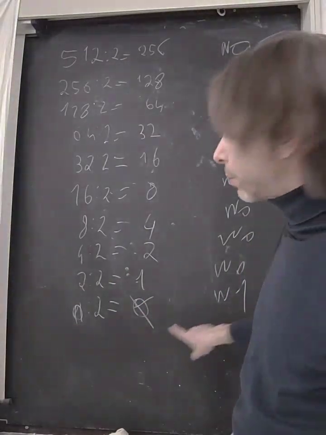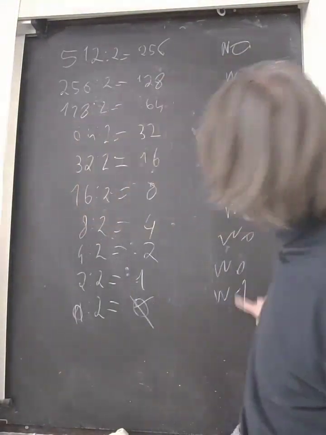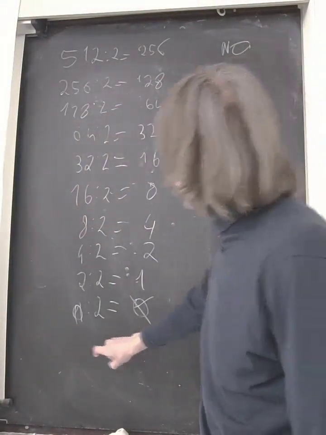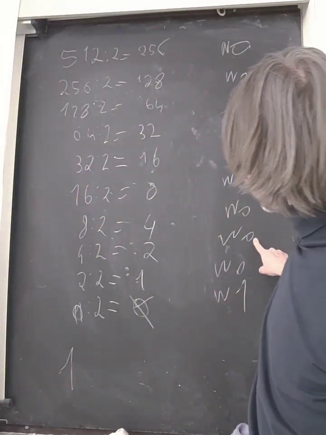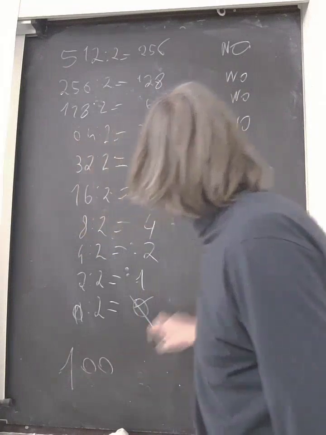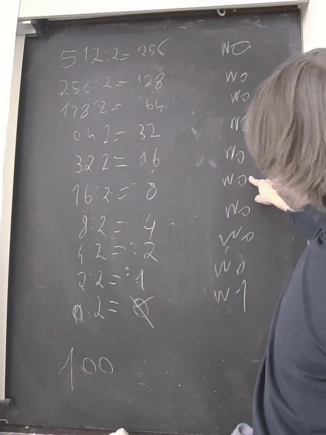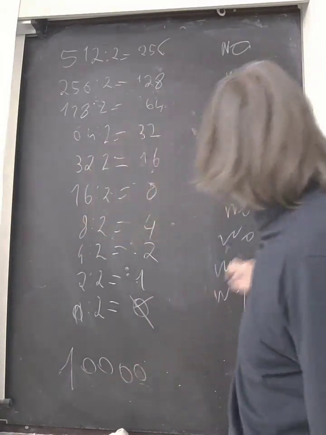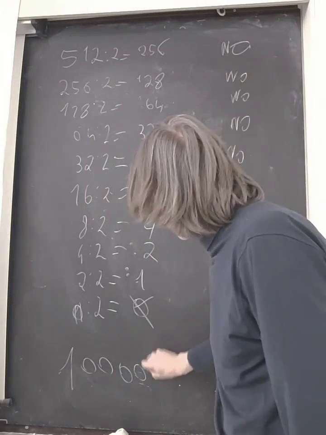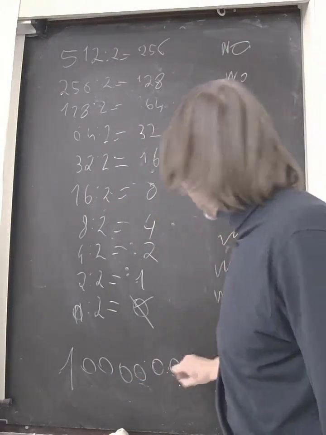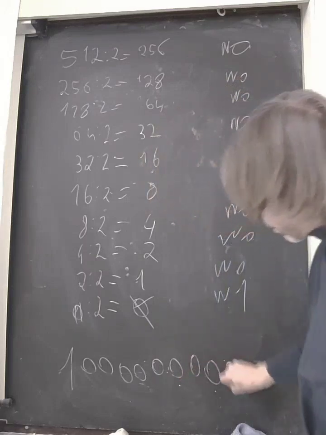And so I write it from the bottom. So 1, 0, 0, 0, 0, 0, 0, 0, 0, 0.